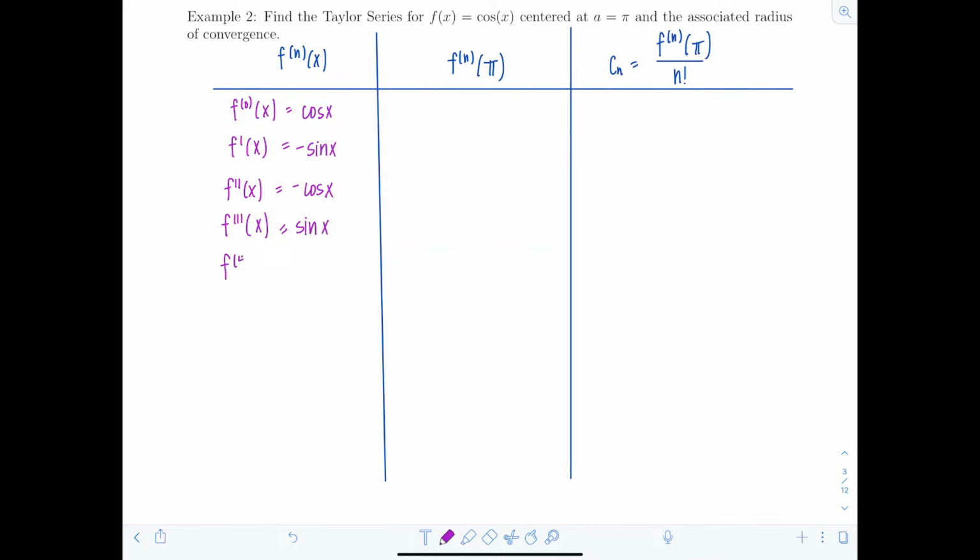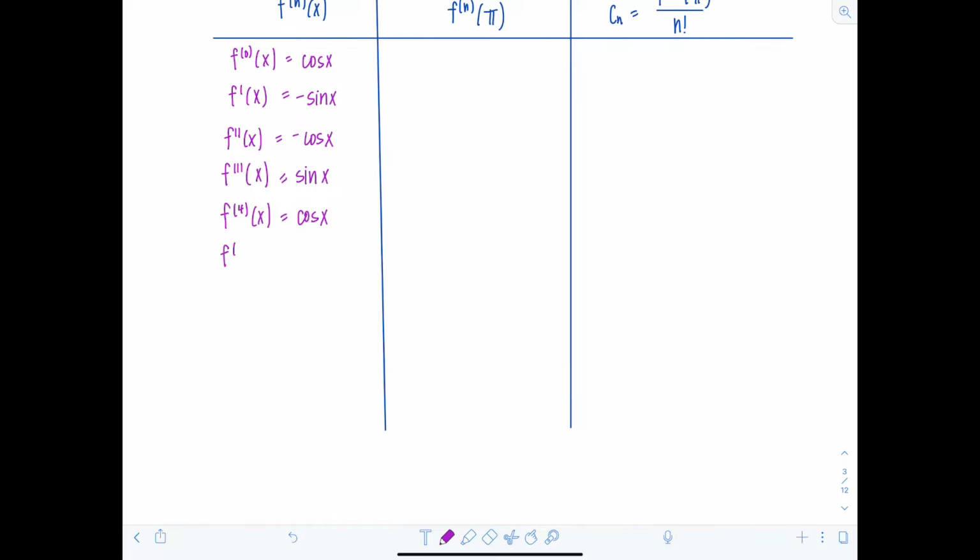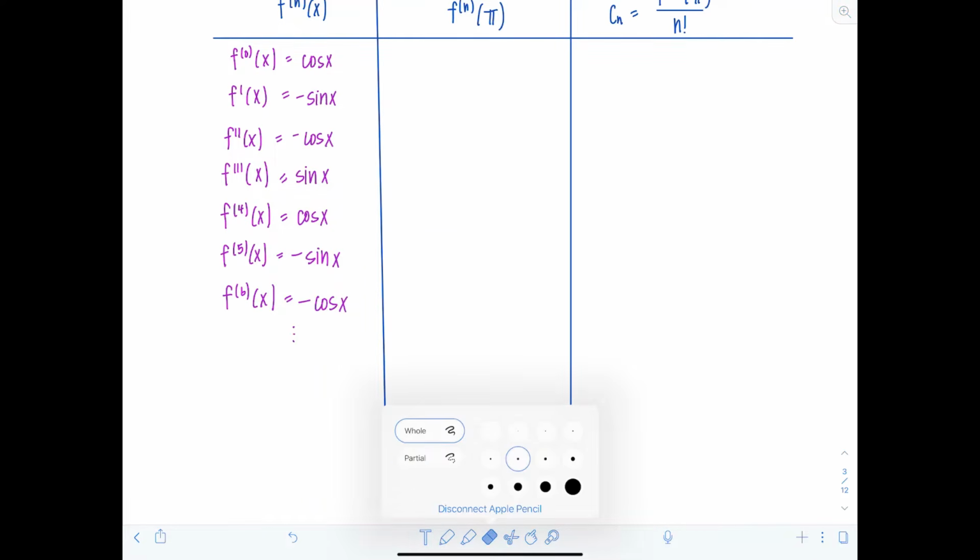And then fourth derivative gives us back cosine x, right? The derivatives are on a cycle of length 4. Fifth derivative, why not? We already have it, you can just copy from the first. Negative sine x. Sixth derivative is going to match with the second, so negative cosine x, etc.